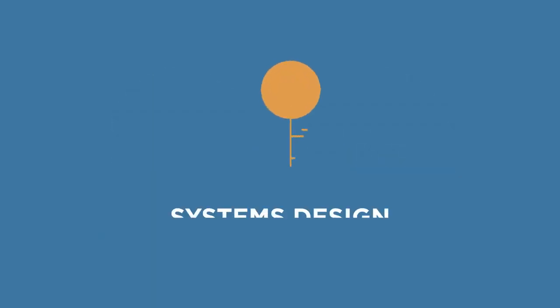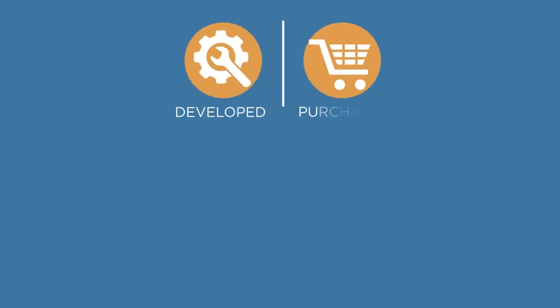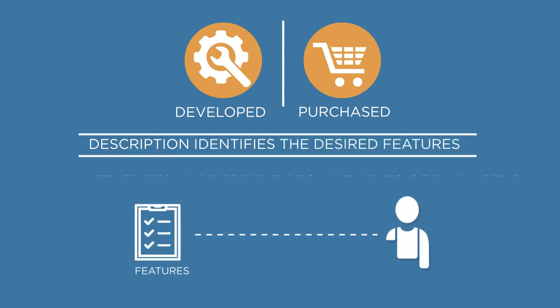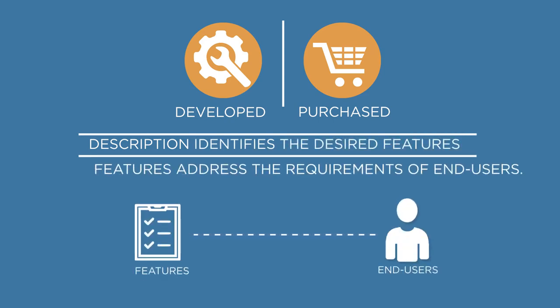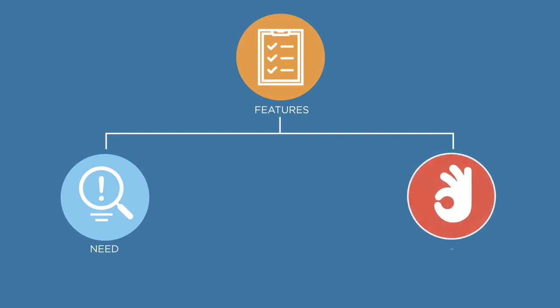Number 3. Systems Design. In this phase, the system design is described. Whether a system is developed or purchased, this description identifies the desired features and ways in which the features address the requirements of end users. It is important that users distinguish between features that are nice to have versus essential features that users need to have.